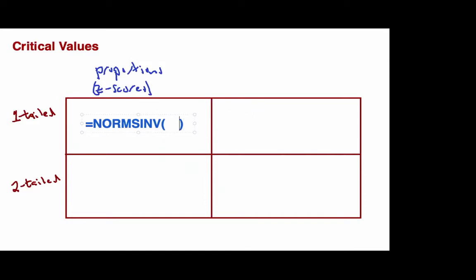So the NORM.S.INV function, here we would just plug in the value alpha. If we're looking for a one-tailed test, all of our significance is in that one tail. So we use the NORM.S.INV function.